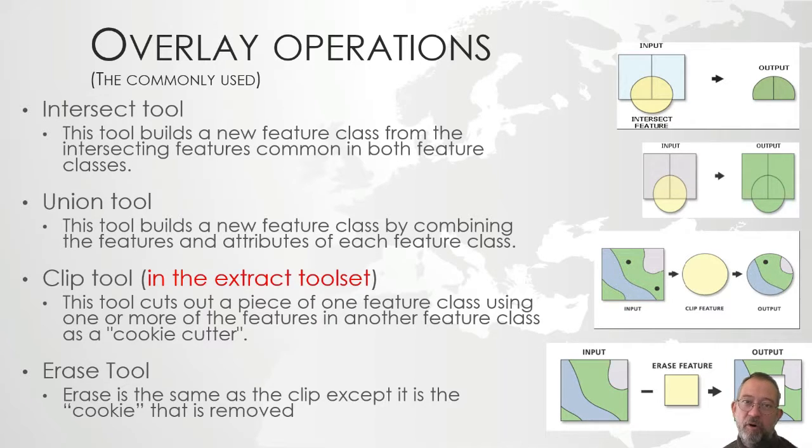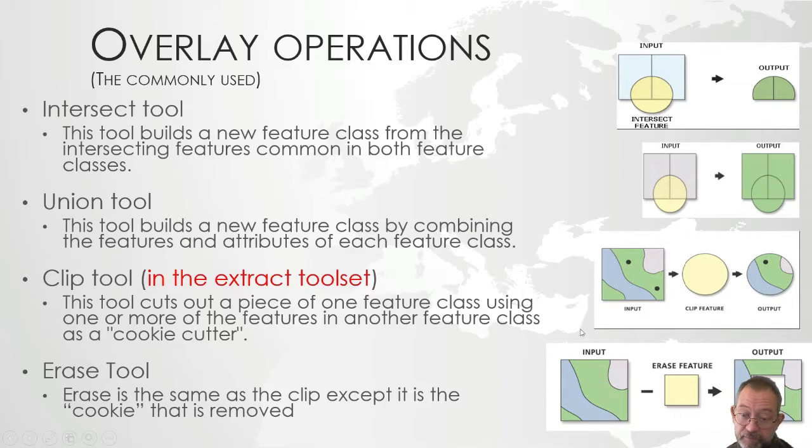This means that you often have to be a bit careful about how many attributes you put into these tools, because it can quickly become very confusing, and a good idea is to turn off unneeded attributes before using the tools.